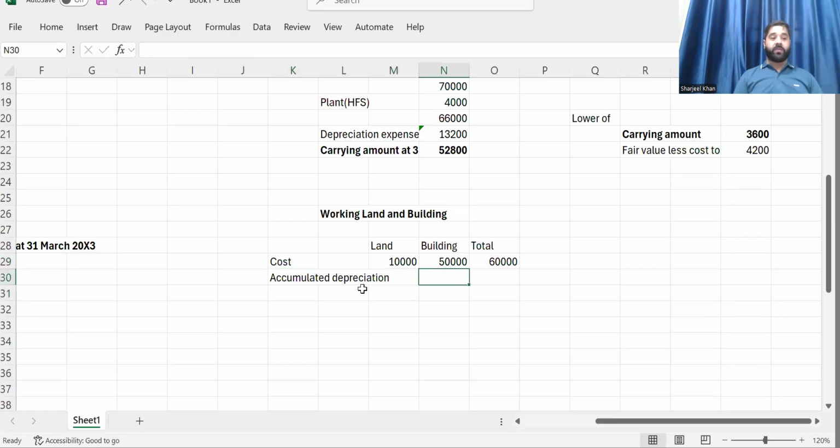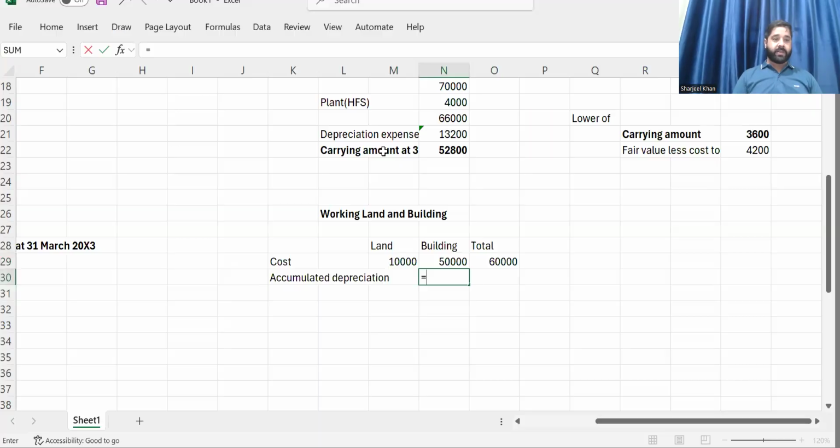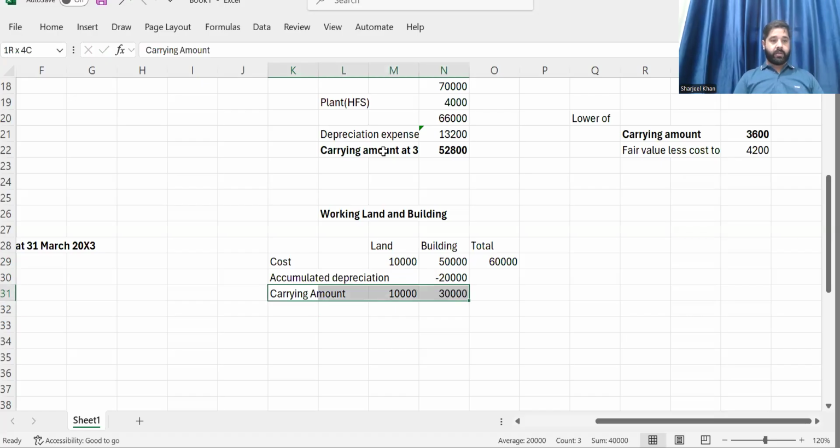For that, we have to find the carrying value, right? For the building, accumulated depreciation at the start of the year is 20,000, so it is 30,000. It is the carrying amount at the start of the year.